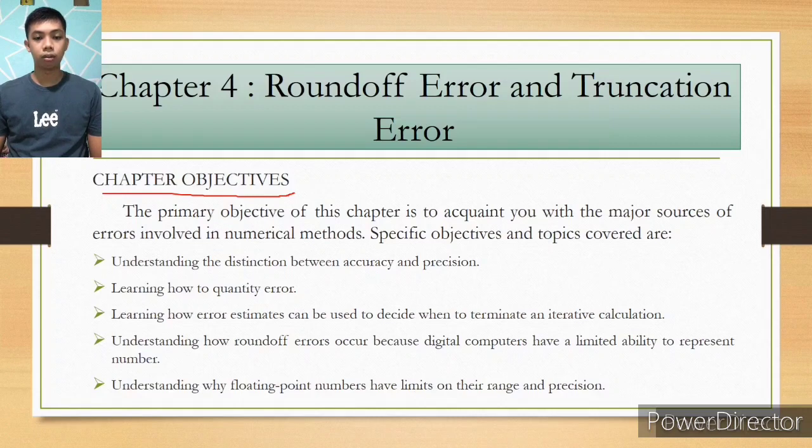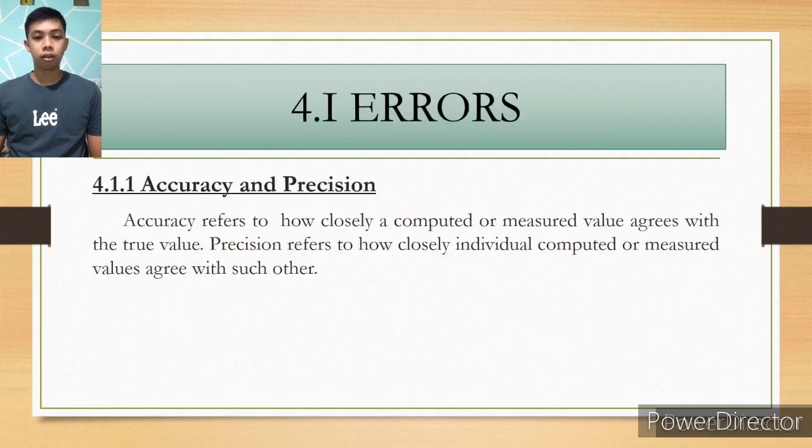Third, learning how error estimates can be used to decide when to terminate an iterative calculation. Fourth, understanding how roundoff errors occur because digital computers have a limited ability to represent numbers. Lastly, understanding why floating point numbers have limits on their range and precision.